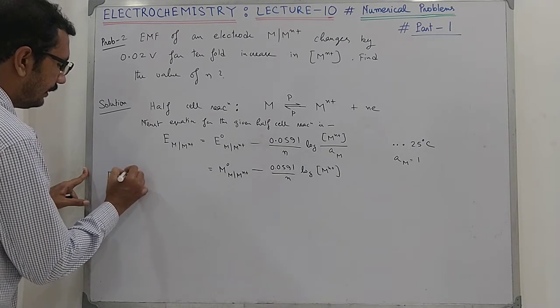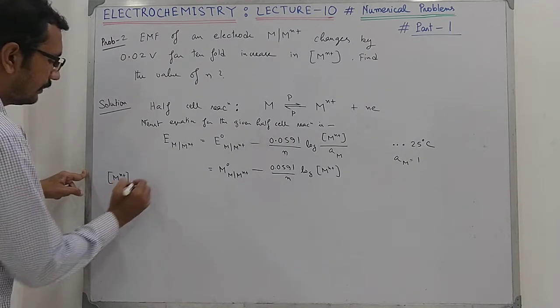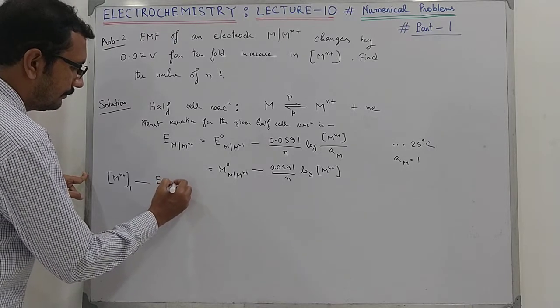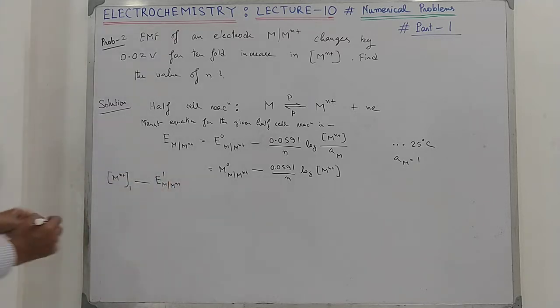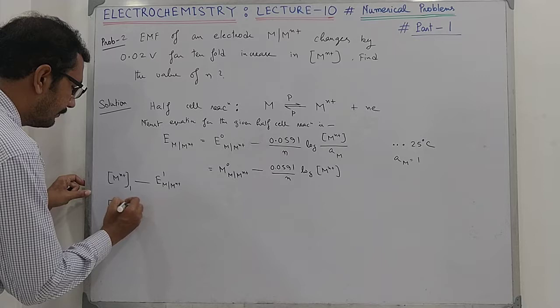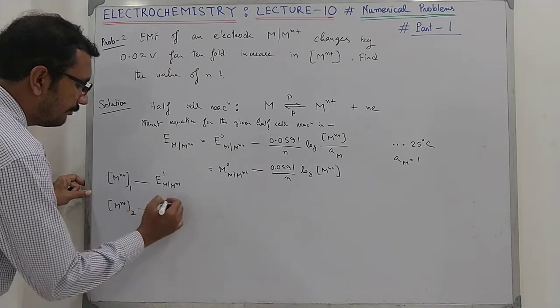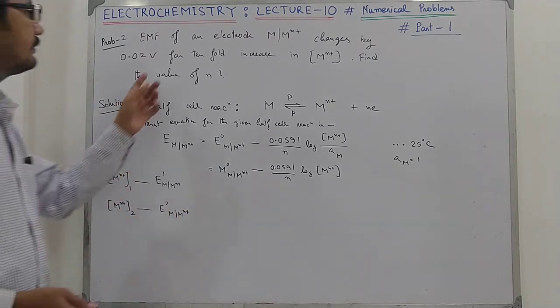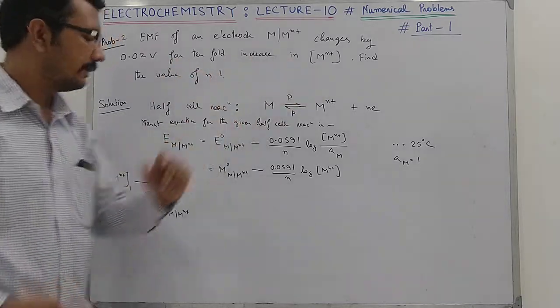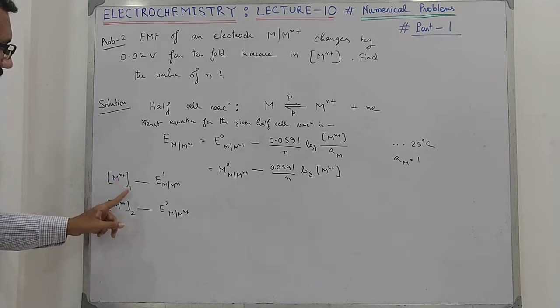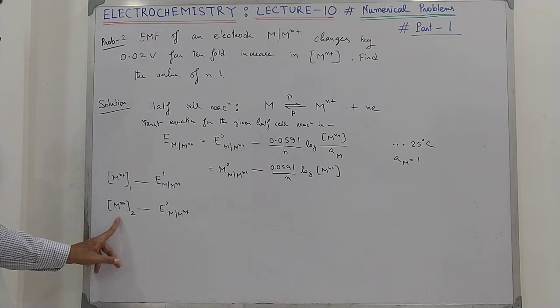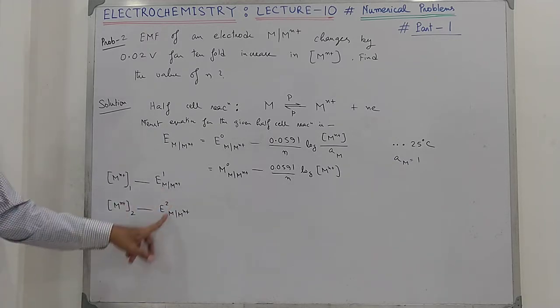Say Mn+ 1, for which the E cell is E1, and when the concentration taken is Mn+ 2, the EMF will be E2. It says a 10-fold increase in the concentration, so I am taking two different concentrations, and for these we get the potentials E1 and E2.